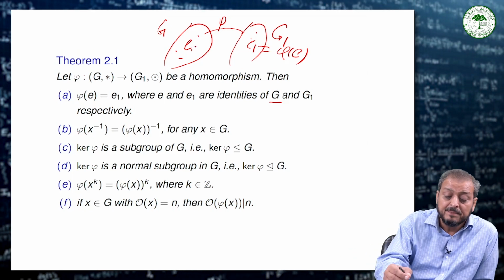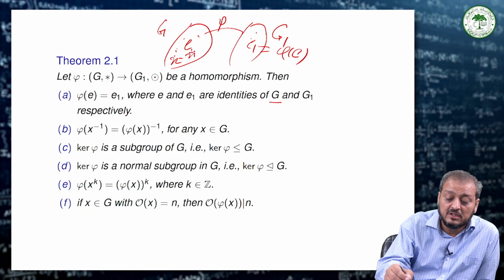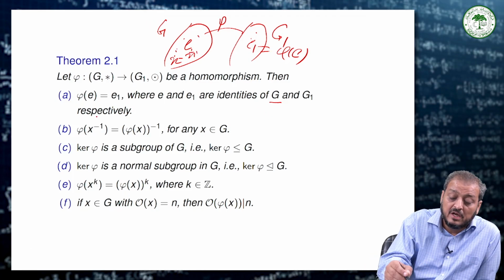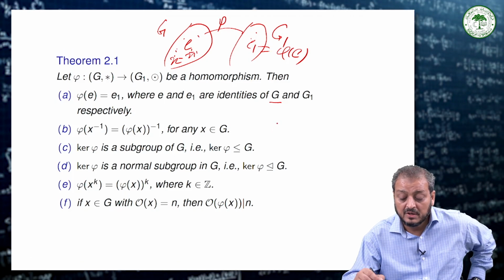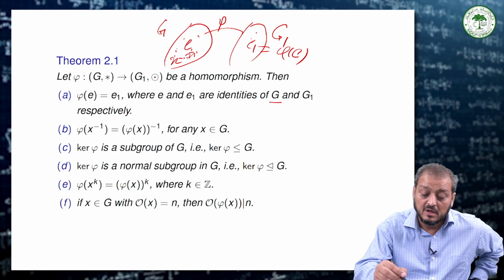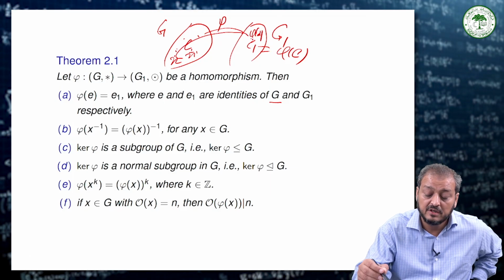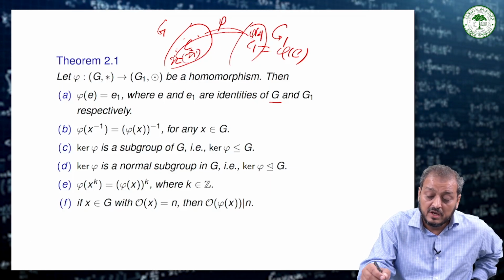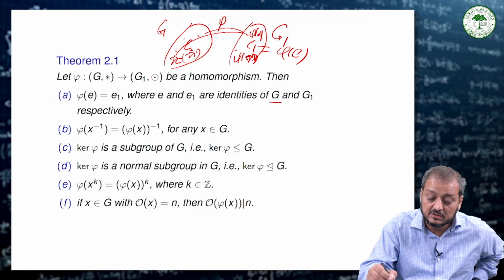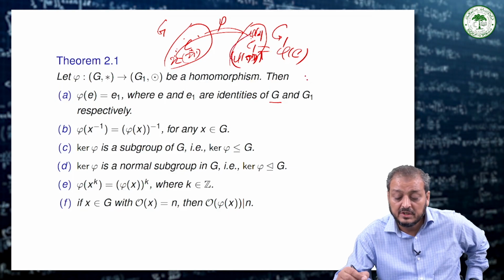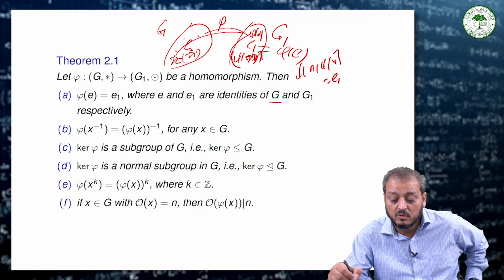This means if we have an element x, then the inverse of x is also there. The image of x is phi of x, and phi of x times phi of x inverse is equal to the identity e1.